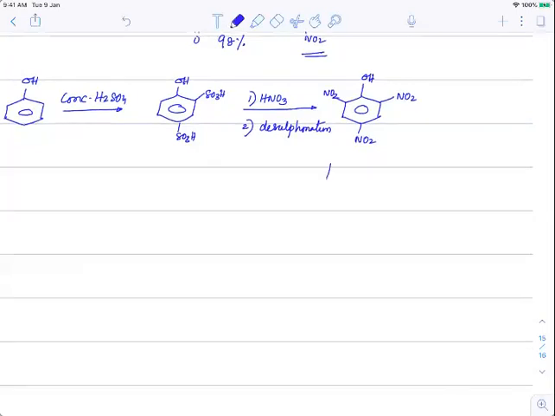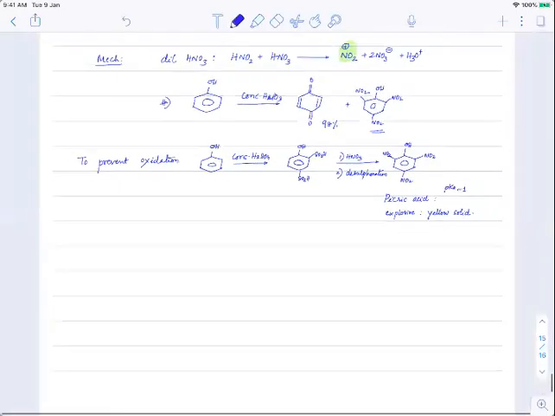And this molecule which is formed now is called picric acid. Okay. In fact, I told you earlier that its pH is about 1. Very strong acid. It is highly explosive also. It appears as a yellow color solid. Okay. So this is about picric acid.